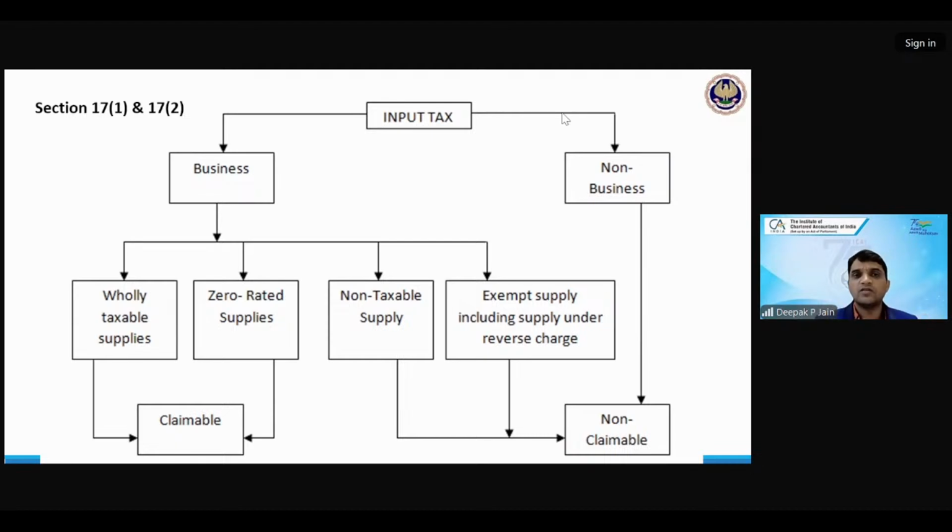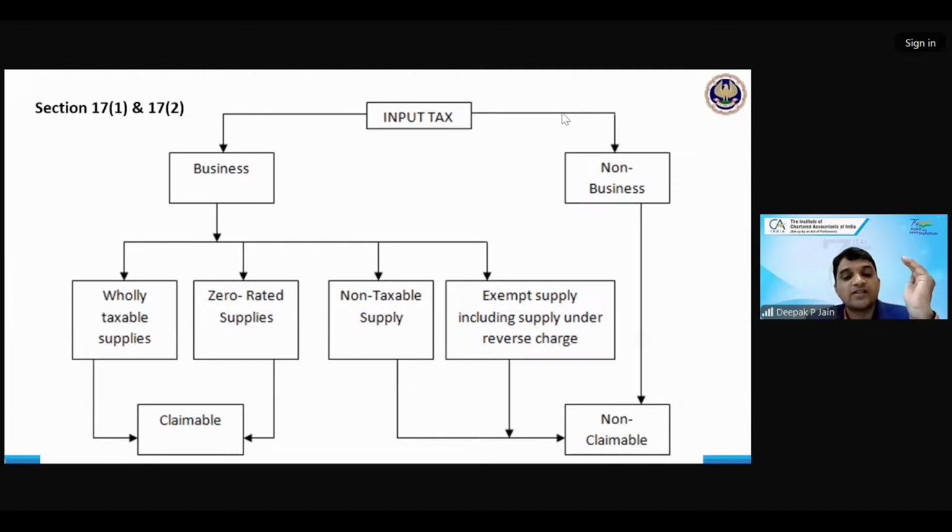So what do you think they will do by claiming the credit? They will claim the credit, fine, because they are allowing us to claim it. Now, when they are making export, they are not paying any tax because export is zero rated. So then what will they do with the credit? Sejal, any idea you have?